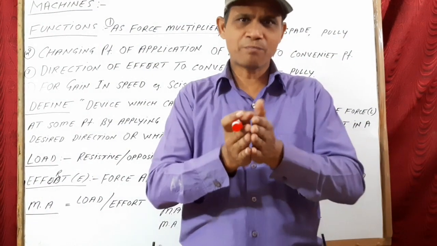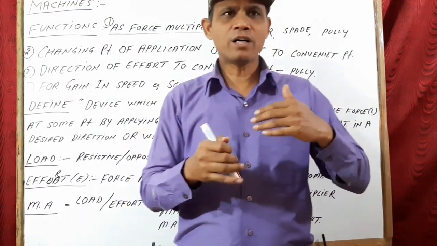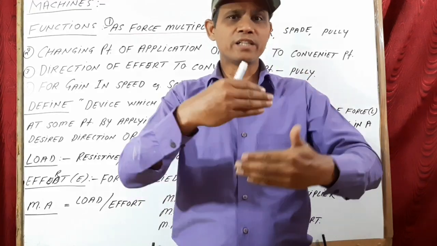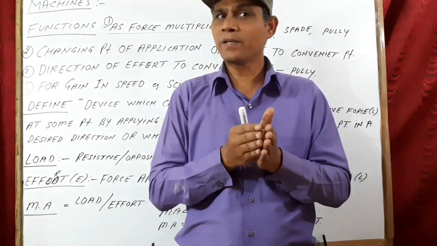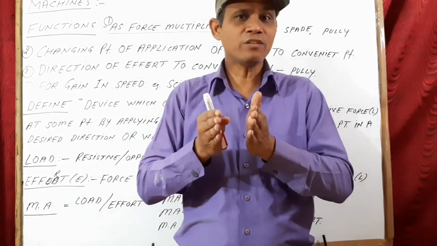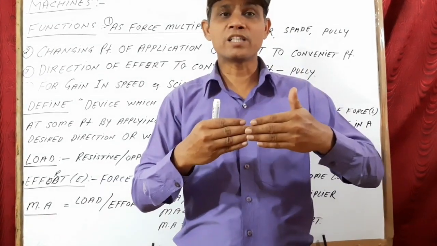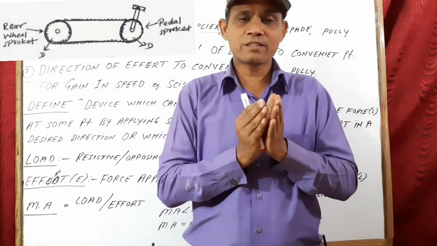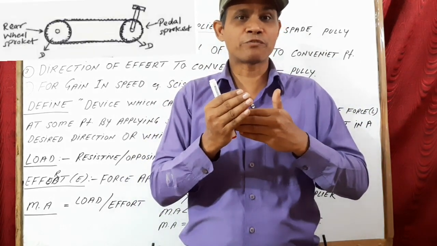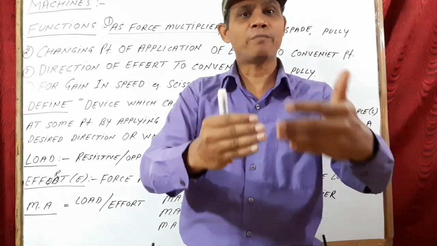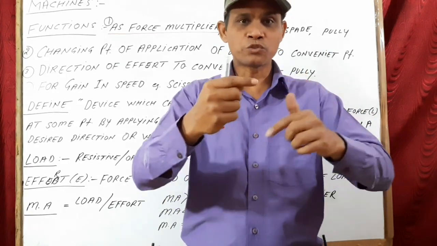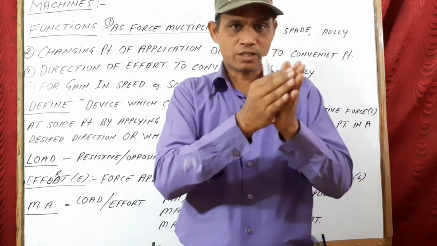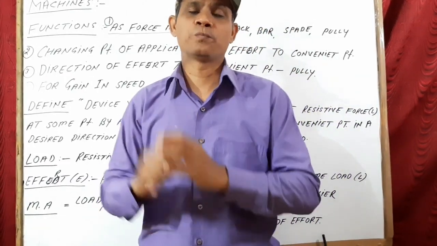An example of this is when you are using your cycle, the rear wheel is moving, but you are not applying the force on the rear wheel. You are applying the force on the pedal. So the point of application of force is shifted from the rear wheel to the pedal through the tooth wheel and the chain. So this is the other function which a machine does.